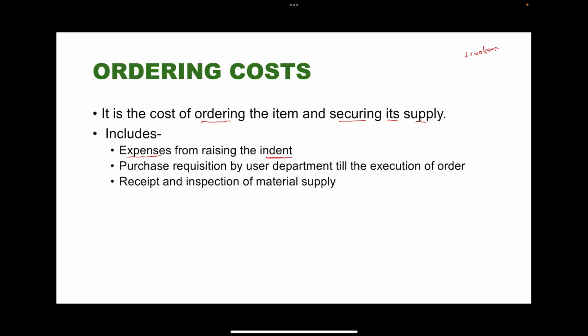You need to raise the indent to purchase it, and then the purchase requisition by the user department till the execution of the order. There will be a purchase department that will be making all the arrangements for the purchase of the goods. And then you need to inspect the material supply. You need to employ personnel or machines for that.